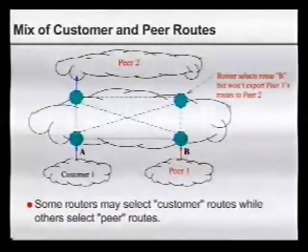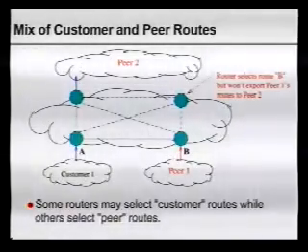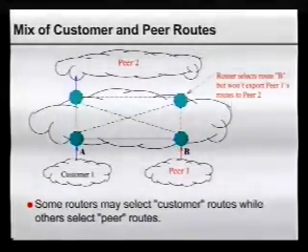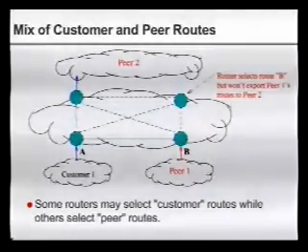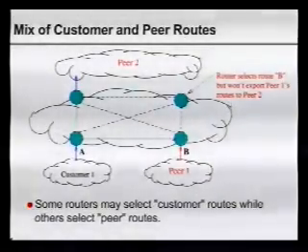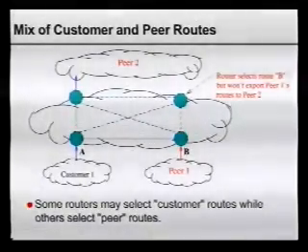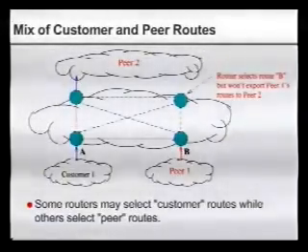Strange things can happen if you prefer customer routes and peer routes to a single destination equally. In this example, I've shown route A coming in from customer 1 and route B coming in from peer 1. What happens now is if the router on the upper right picks the peer route and the router on the upper left picks the customer route, peer 2 up there is going to learn route A from the upper left, but not route B.